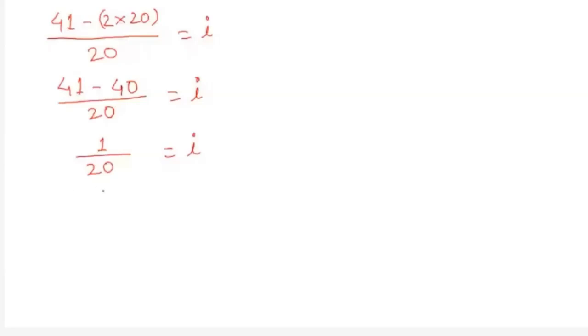Divide 1 by 20. It will be 0.05. So 0.05 equals I.